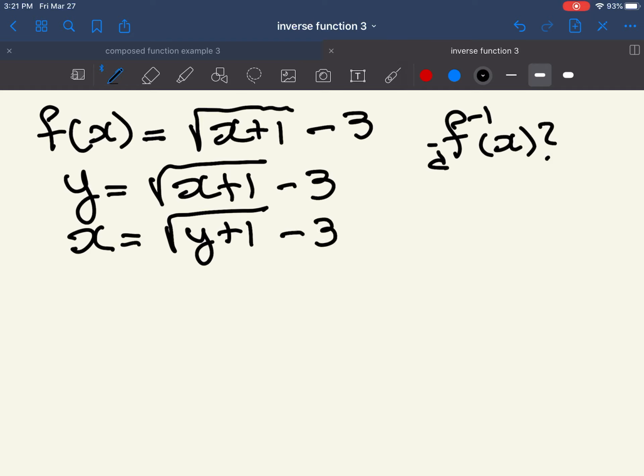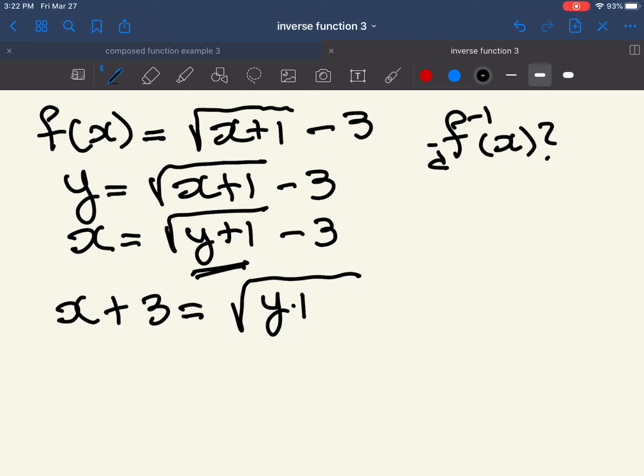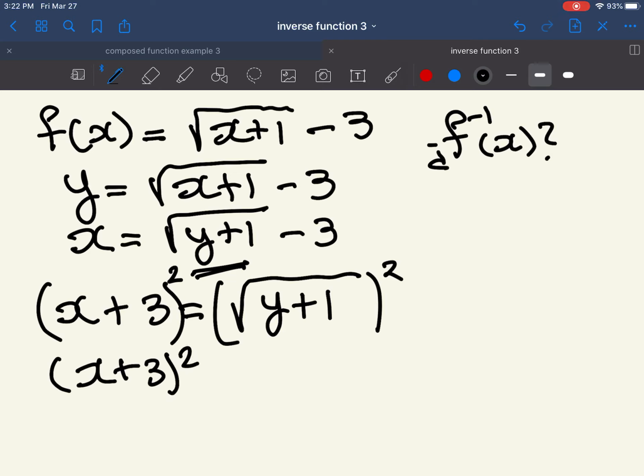I need to leave this term completely on the right side. I move 3 to the other side, and it's going to be adding. Now x plus 3 equals the square root of y plus 1. To eliminate the square root, you square this side and square this side. Now finally I have (x plus 3) squared equals y plus 1.